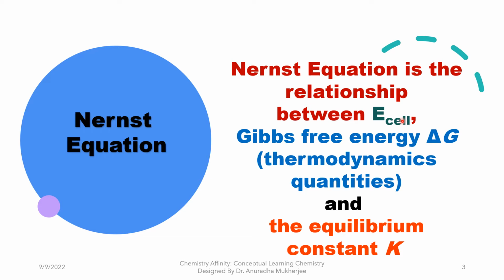So electrode potential is connected with the Gibbs free energy, and since the reaction is taking place in an electrochemical cell, it also has concentration data which can be denoted by the equilibrium constant K. Now all these three data can be connected, and then we can derive the Nernst equation.